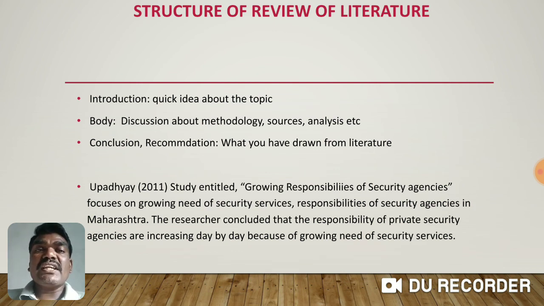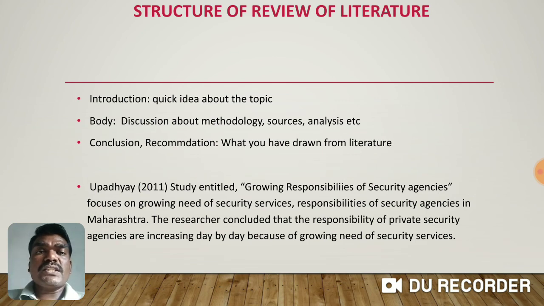By considering the introduction and main theme of the literature, the researcher needs to write what he has drawn from the literature regarding that particular study. Okay, so these are the 3 points which the researcher needs to consider while writing a review of literature.